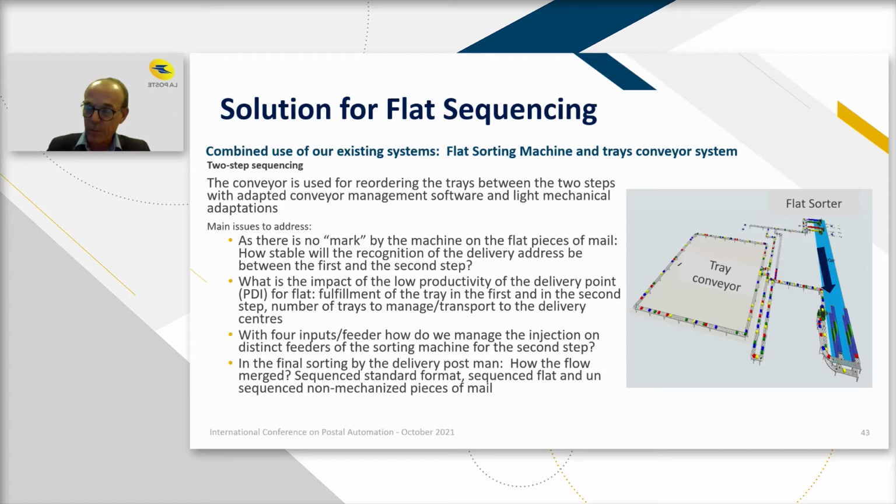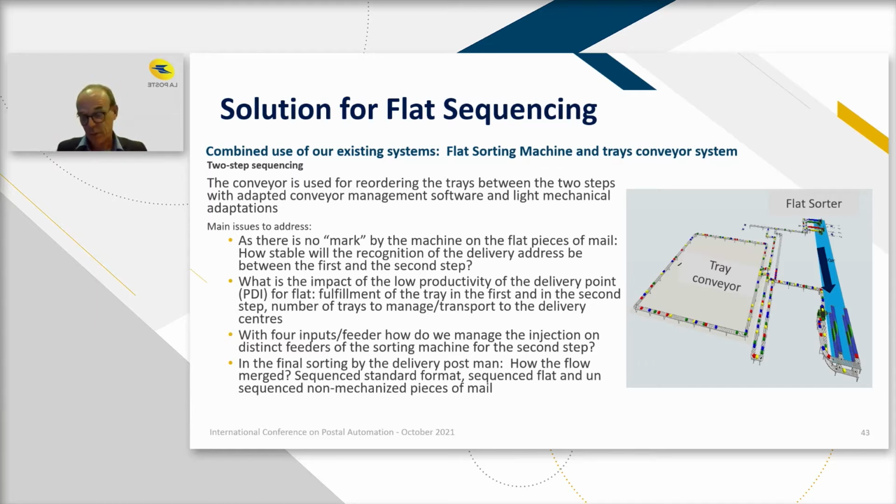The second issue to address is that when we work with flats, we have a less important productivity by point of delivery. That is, when people receive four standard format letters, they will receive maybe 1 or 0 flat. So we have a lower productivity, and this may have consequences on the fulfillment and the number of trays at the end of the second step.